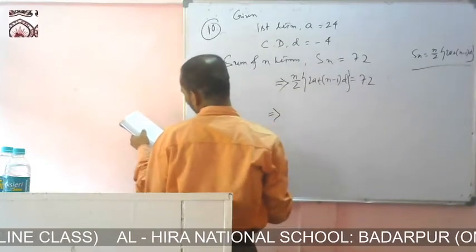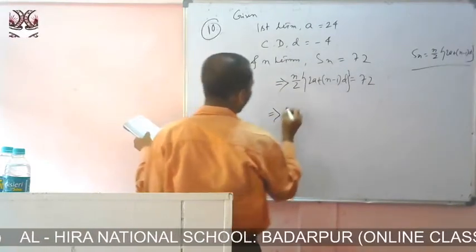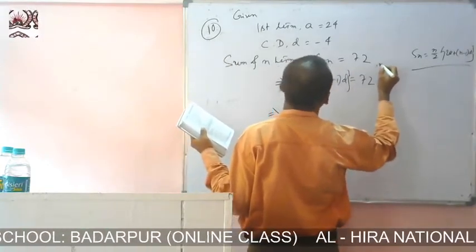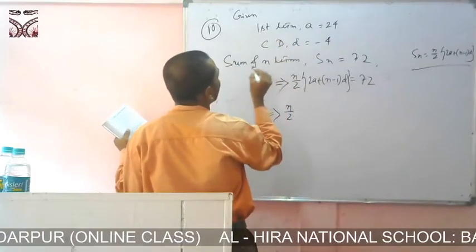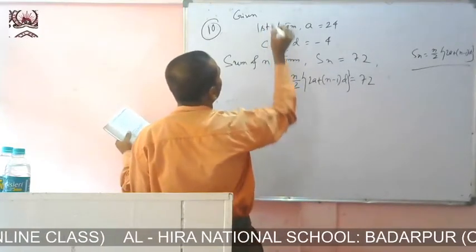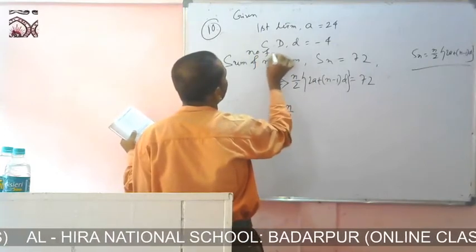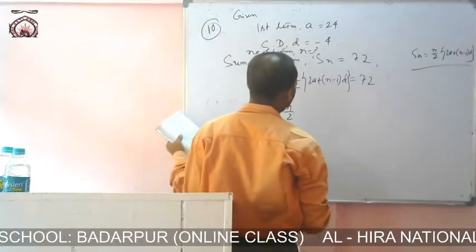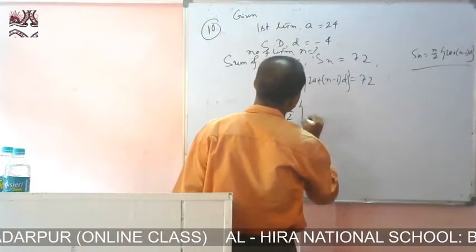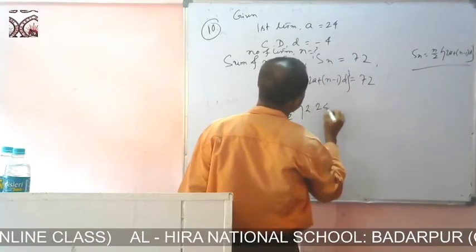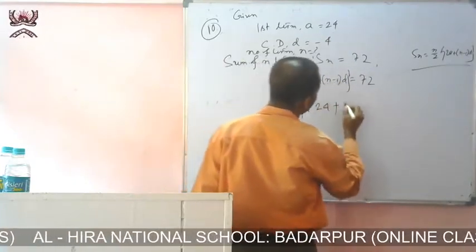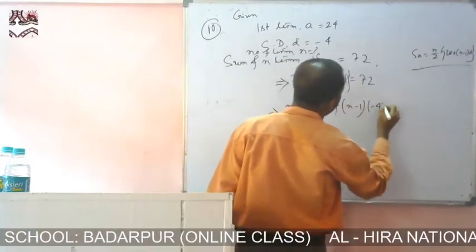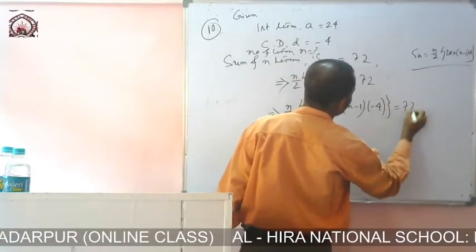N means the number of terms, which is not given, so it stays n by 2. Twice A is 2 into 24, and n minus 1, and D is -4, and the right-hand side is 72.